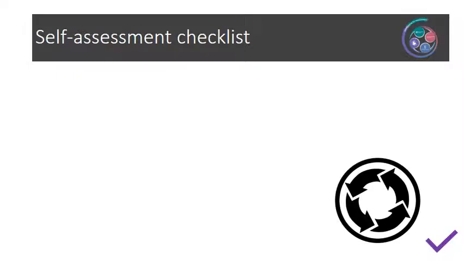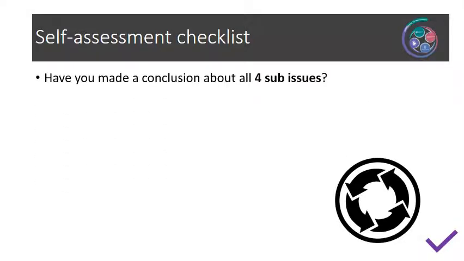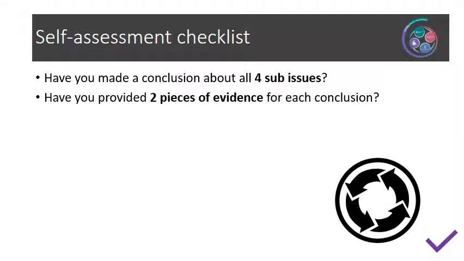For that reason, I have attached a self-assessment checklist. And every time you answer a conclusions question, I recommend you ask yourself the following questions. Have you made a conclusion about all 4 sub-issues? Have you provided 2 pieces of evidence for each conclusion?